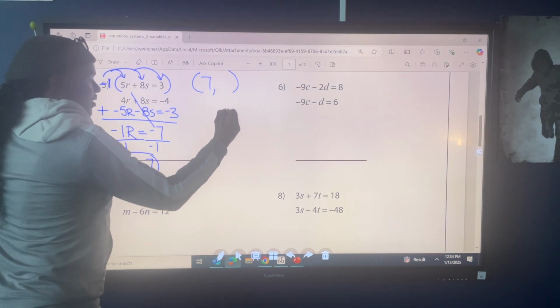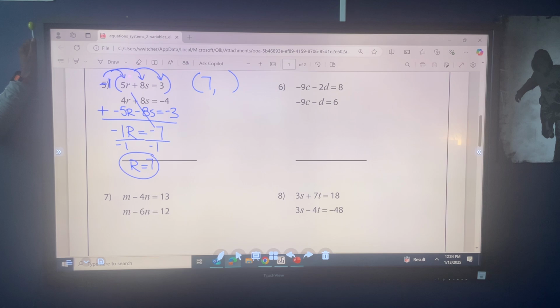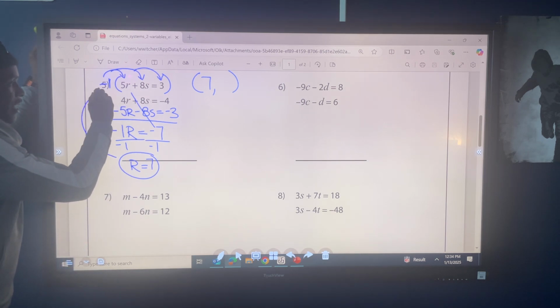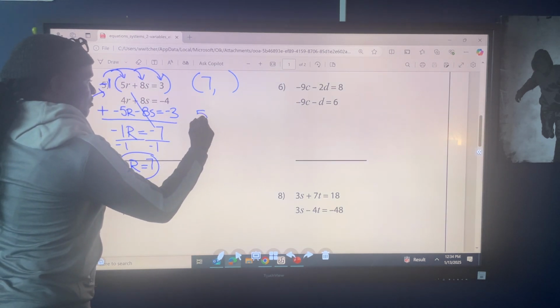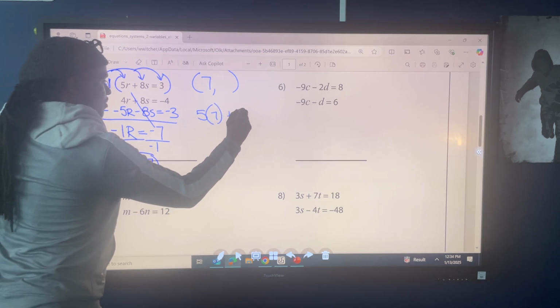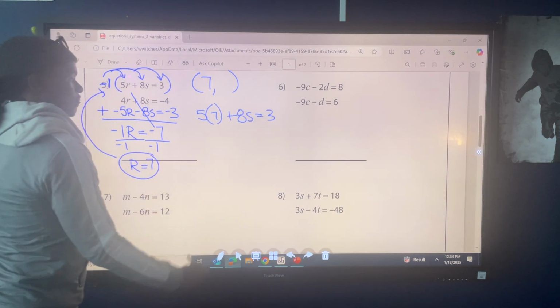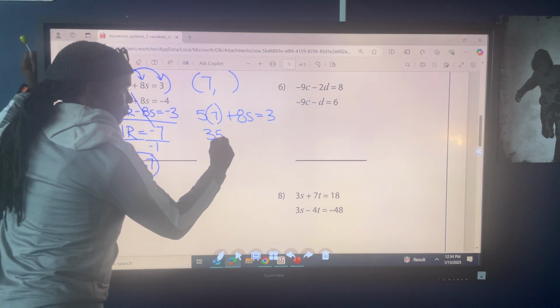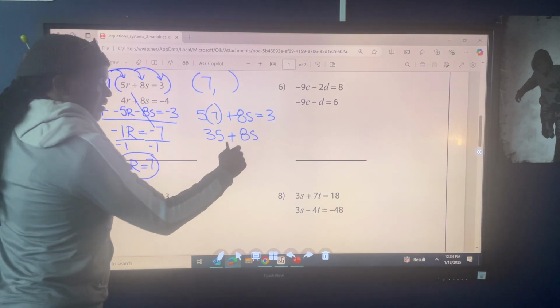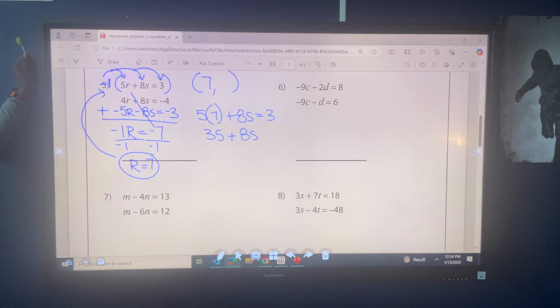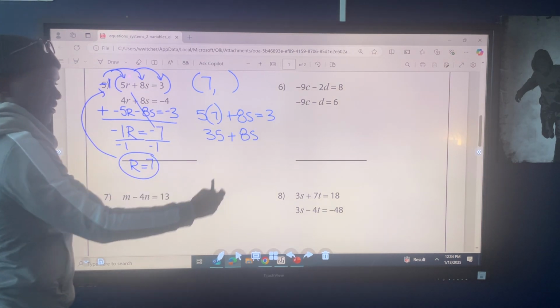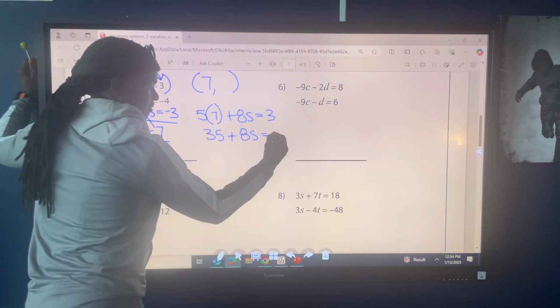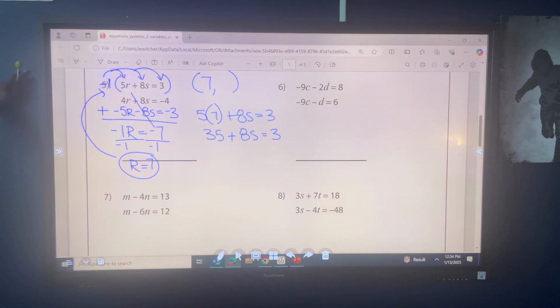So my R is 7. That's my first coordinate. I'm going to take this 7 and plug it back into where? Top or bottom? Top. You can plug it back into the top if you want. So this becomes 5 times 7 plus 8S equals 3. 5 and 7 make what? 35. Plus 8S. So 35 plus 8S equals 3. Then what?